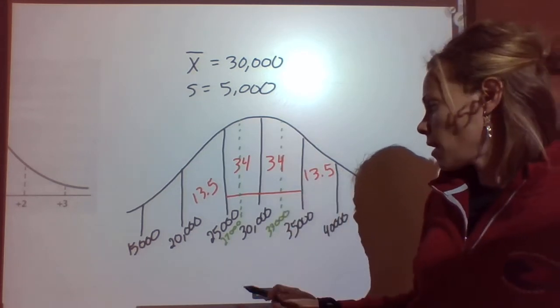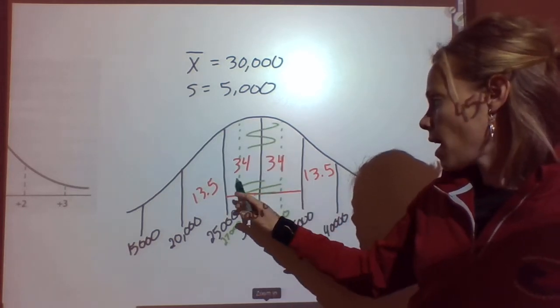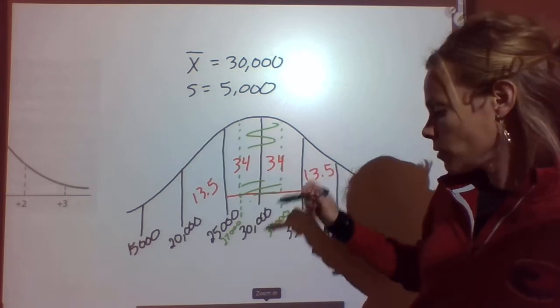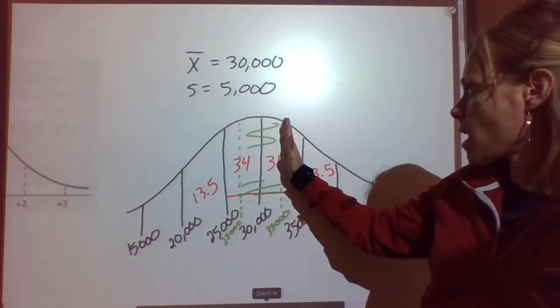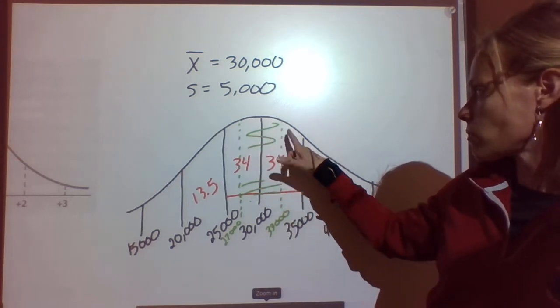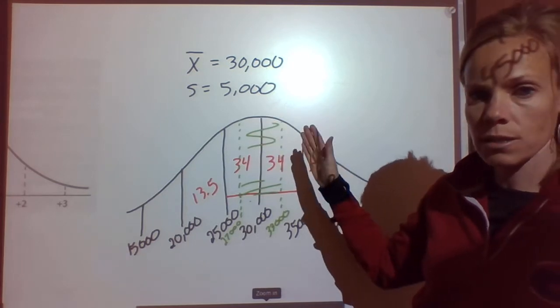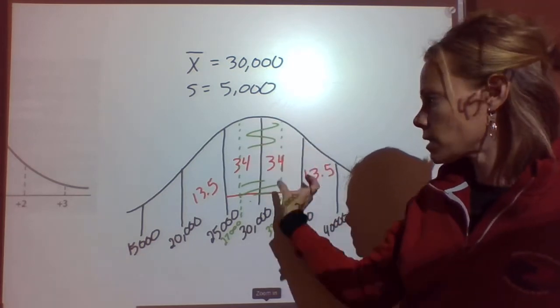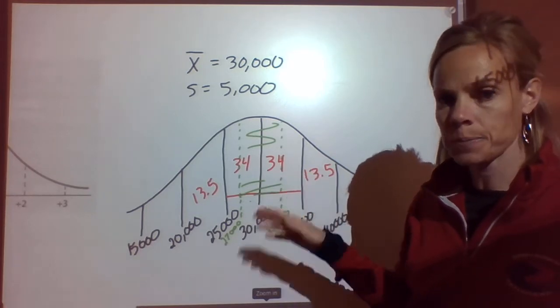And some students say, well, you would just divide that in half, 34 in half. Well, if you notice a normal curve, this area you can't divide in half. This area on the left is going to be larger than the area on the right. This isn't a nice perfect rectangle. So you just can't take an area of a section and divide it in half. You can't do that. It's not the same.